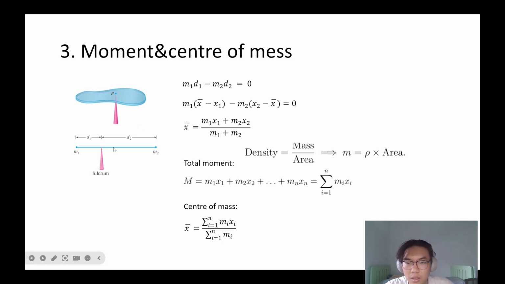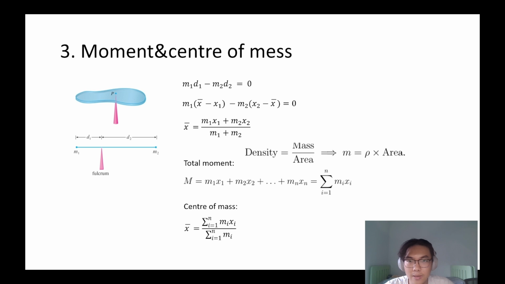Then suppose this point is x, and we can express the distances: m1 times (x minus x1) minus m2 times (x2 minus x) equals 0. Then we can simplify this: the center x is equal to (m1 x1 plus m2 x2) over (m1 plus m2).